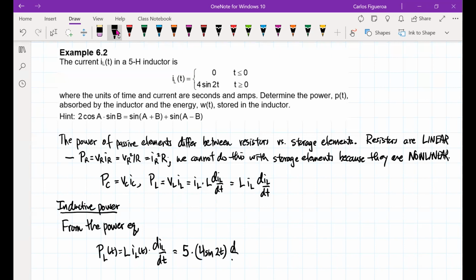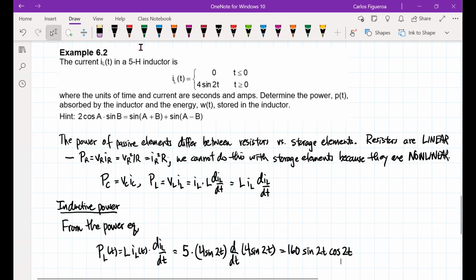Then I have to take the derivative of the 4 sin 2t. If I do that, I'm going to get a cosine of 2t. So I'm going to get 4 times 2, which is 8. 8 times 5 is 40. Times 4 should give me 160 sin 2t cos 2t.